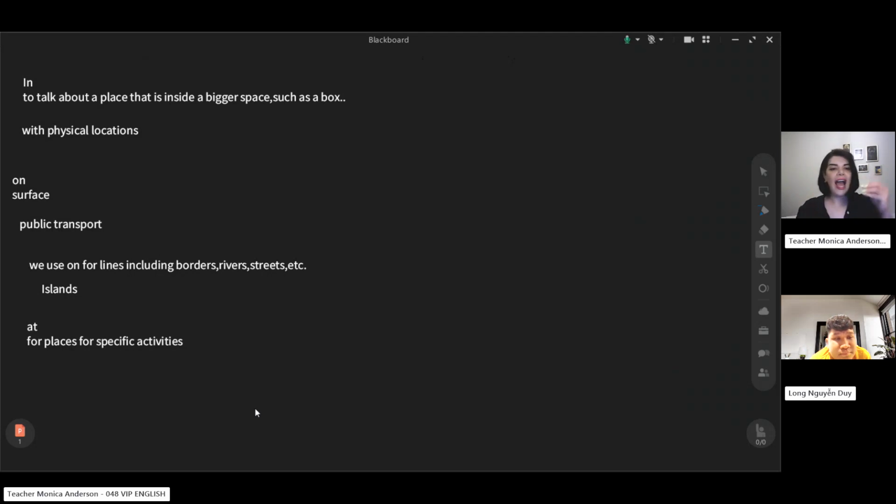For example, I live at 15 Craig Street, at 15. Or I am sitting at the desk. This is my exact position. I'm waiting at the entrance. So for exact position, it can be anywhere.